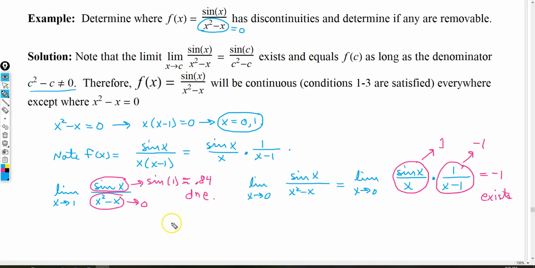So for this function, our discontinuities occur at 0 and 1 with a removable discontinuity at x equaling 0. And if you wanted to state the interval over which this function is continuous, you would just state it's continuous for all real numbers except 0 and 1, or you could write it like this.